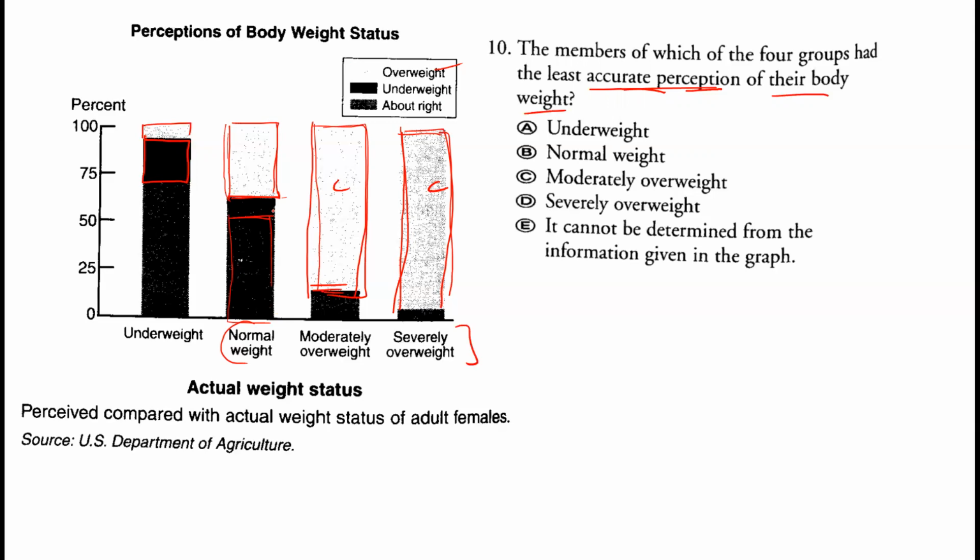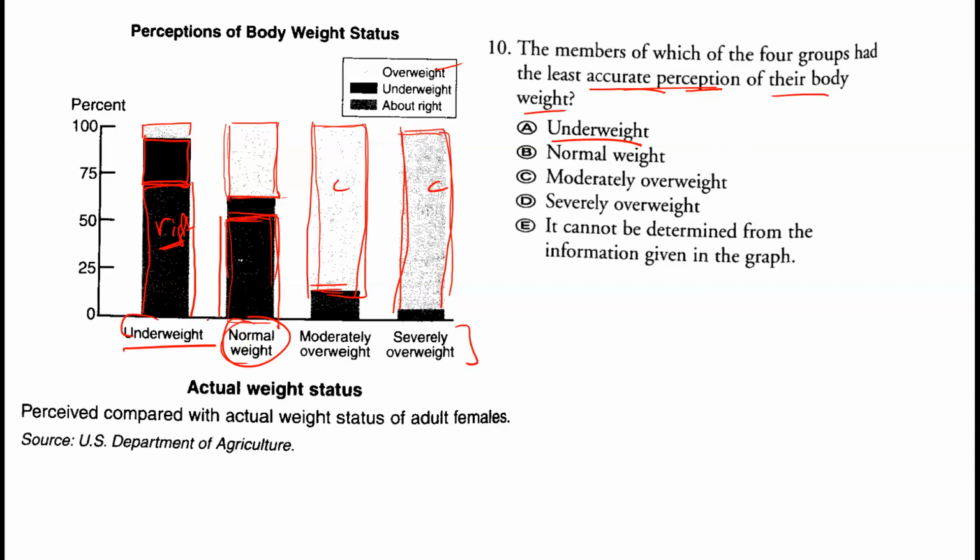Now, when you talk about if they are underweight, a sizable chunk feel that they are about right. Now, if they are normal weight and they feel that they are about right, it's okay.